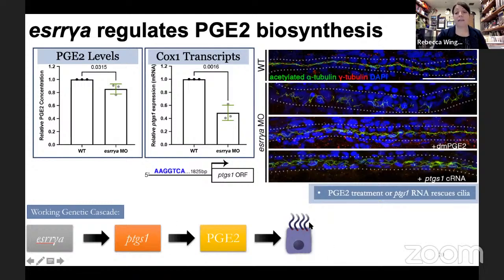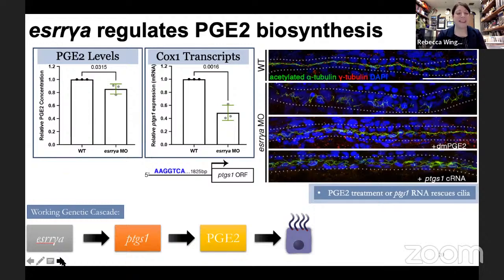And that is the key molecule that's promoting the formation of cilia. Okay, so that is where our model is at present.